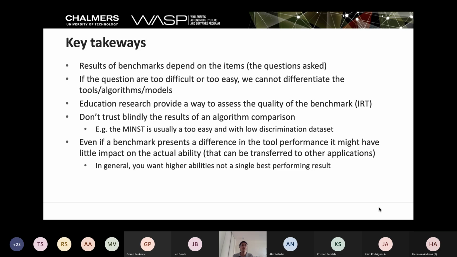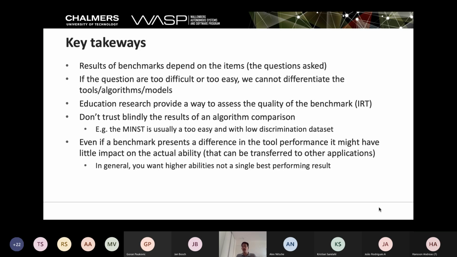And if you see a comparison where one achieves 94% and the other achieves 95%, there is really no difference between those algorithms because it's too easy a benchmark, and these differences might not be statistically significant.